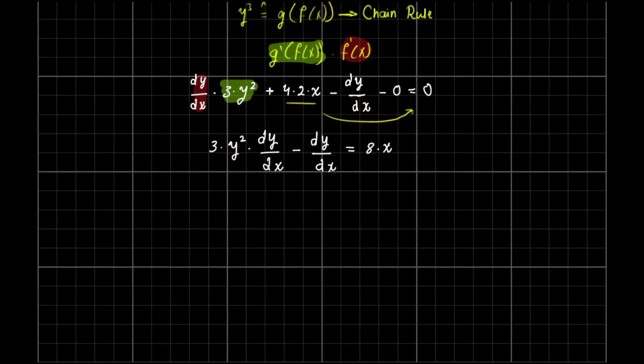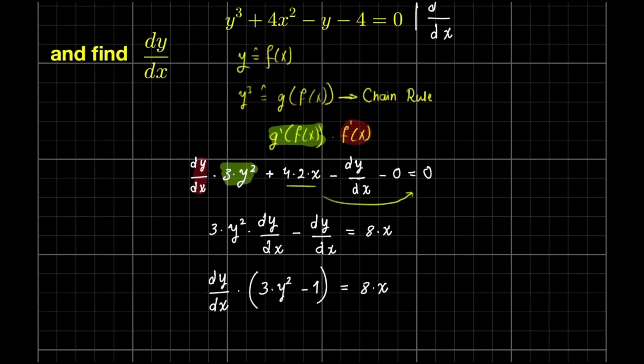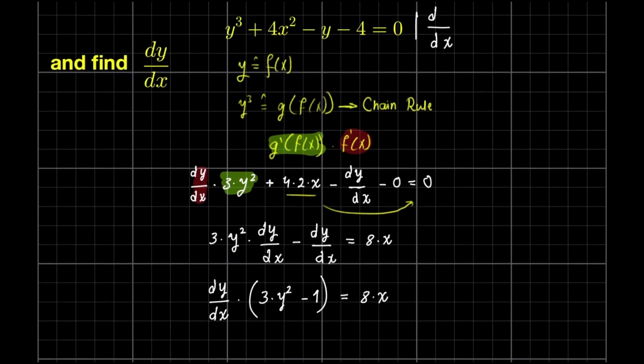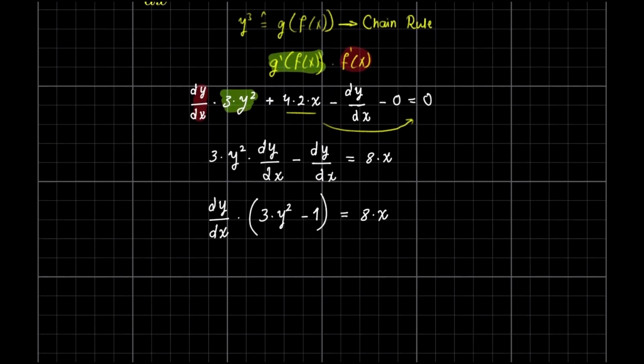So what I can have is dy/dx multiplied by parentheses 3 times y squared minus 1, is equal to 8 times x. And now in the exercise, he basically wants me to find dy/dx. And that's very easy now because I have dy/dx here, the term alone.